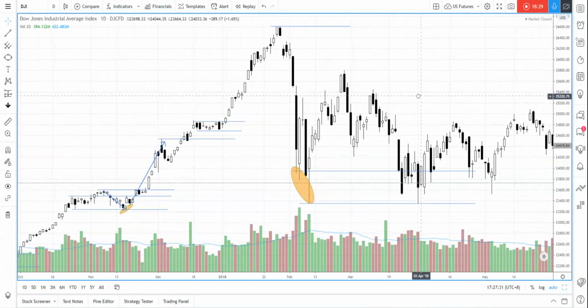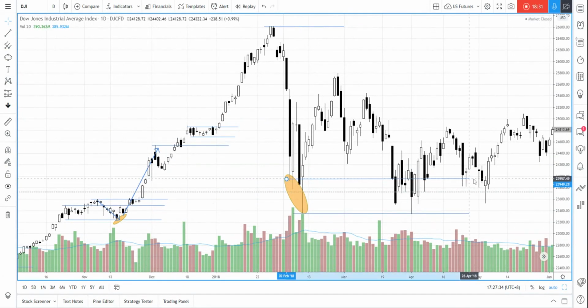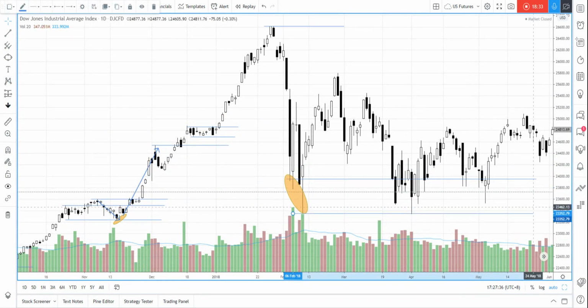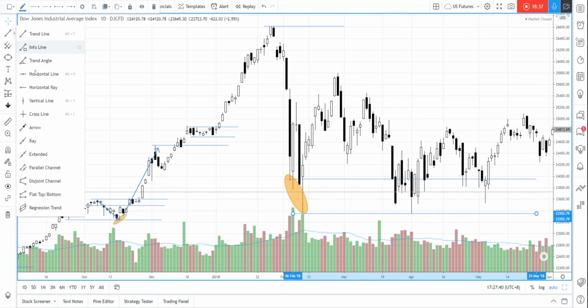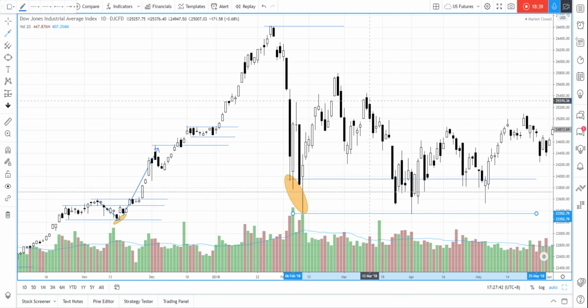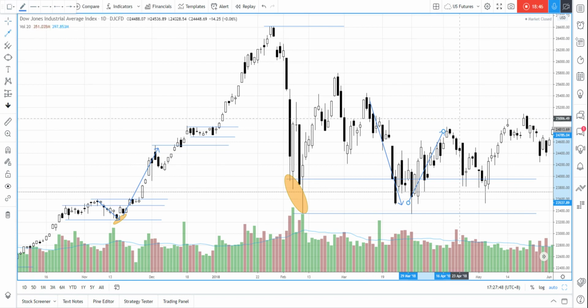As you can see, the price actually respects this zone or this area very well. Every time it comes back to this zone, it just bounces up, and the second time it comes back to this zone it bounces up as well.